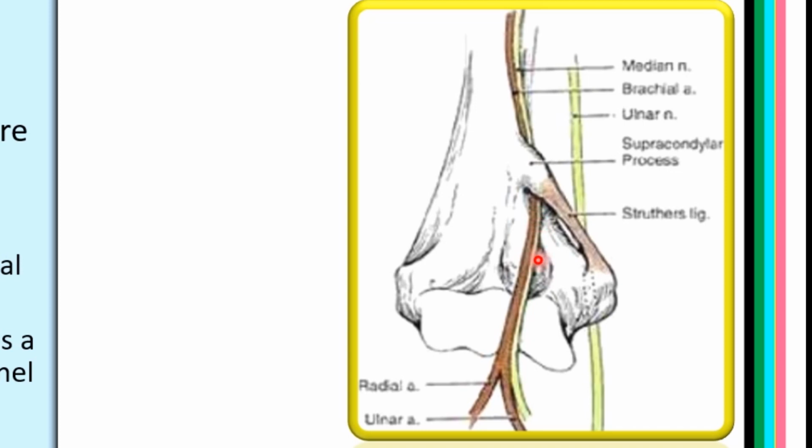When we also have a ligament running from this process and getting inserted into the medial epicondyle, this ligament will be called the Struthers ligament or ligament of Struthers. So this ligament will also create additional points of entrapment for the median nerve.